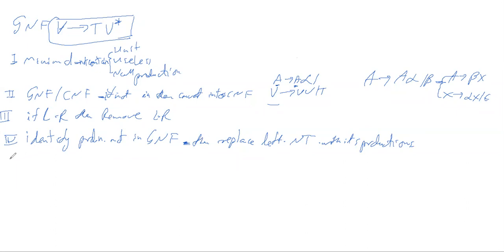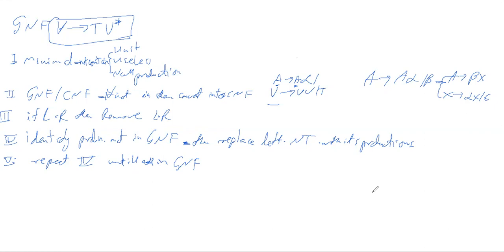And the fifth step is repeat: repeat step number 4 until all the productions are in GNF. So these are the five steps we need to follow.